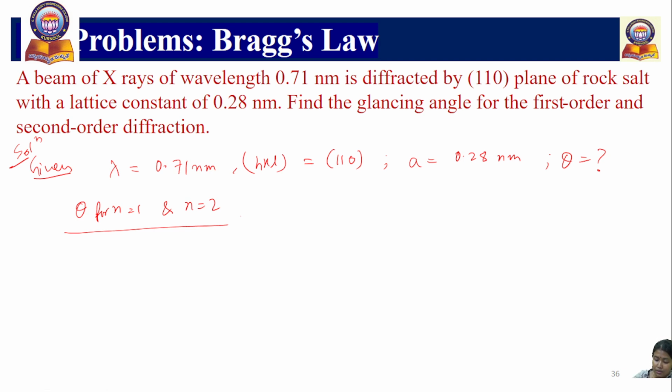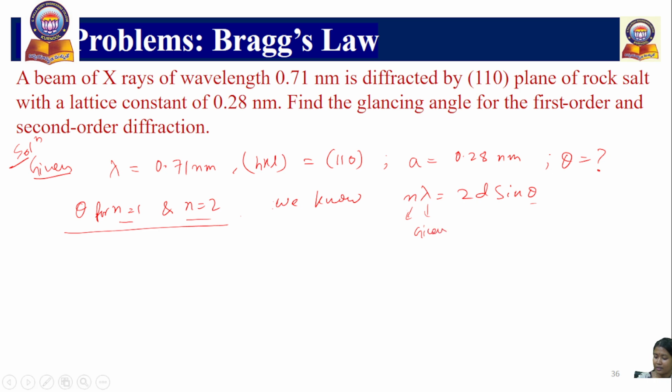So how are we going to find the value of this? We know there is a formula: n lambda equals 2d sine theta. n is known, one time 1, other time 2. Theta is unknown; theta we have to find. Lambda is given.